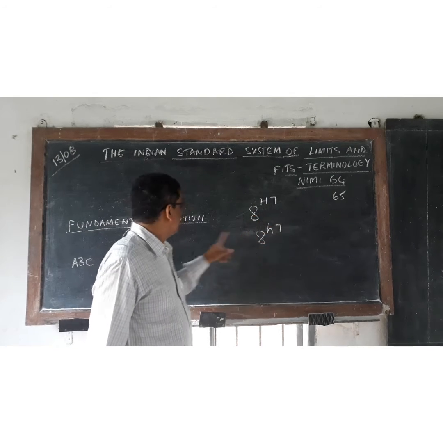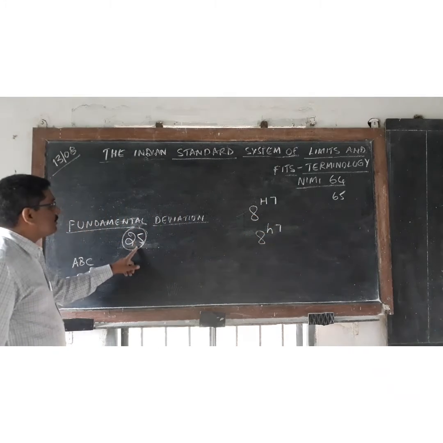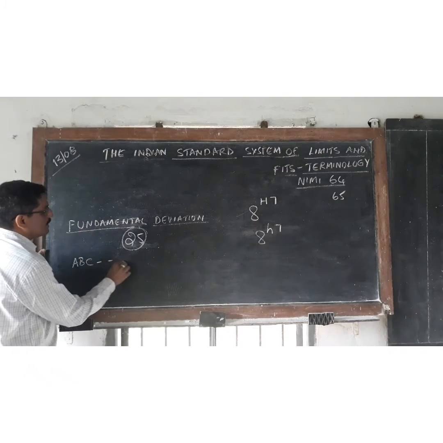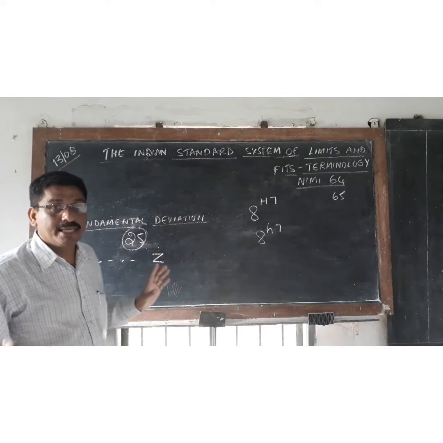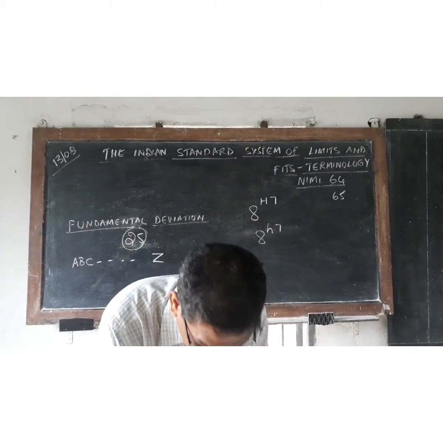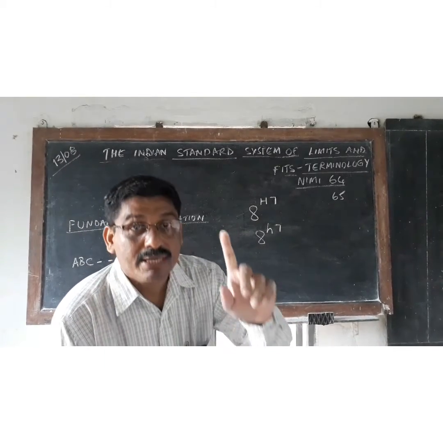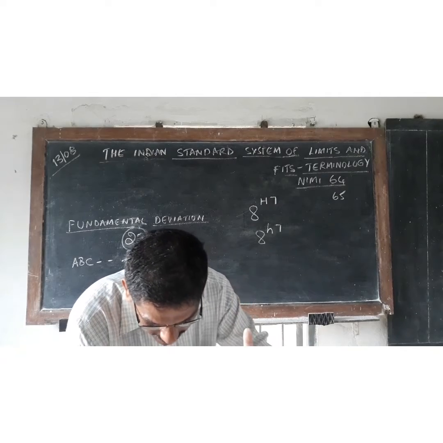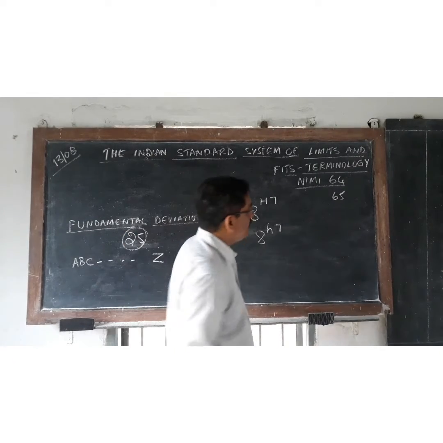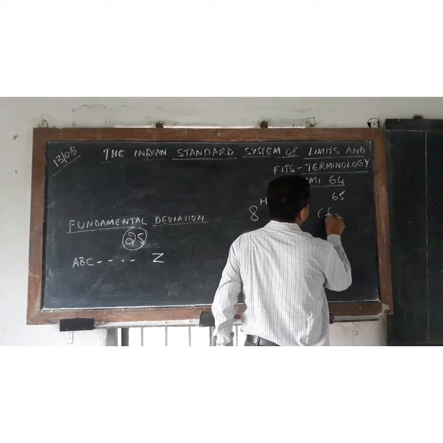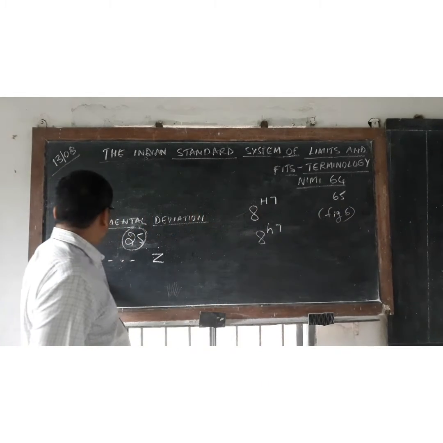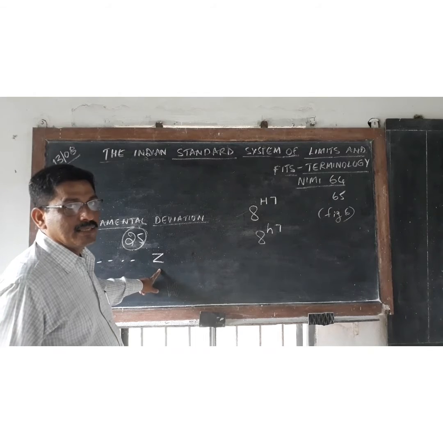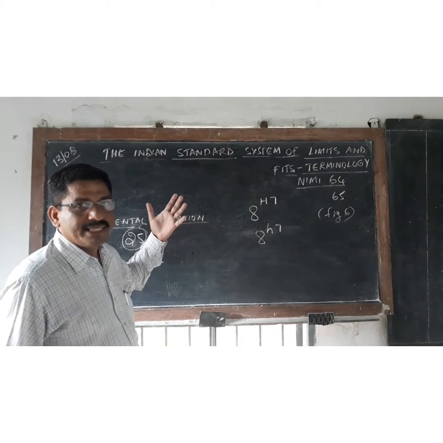Now the fundamental deviations from A, B up to Z are there, excluding some. Page number 65, figure 6, you will come to know exactly. A to Z is there, actually our alphabet is 26, isn't it?